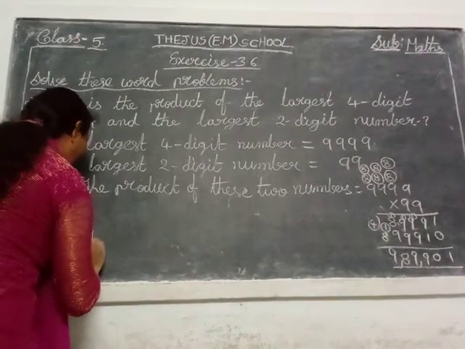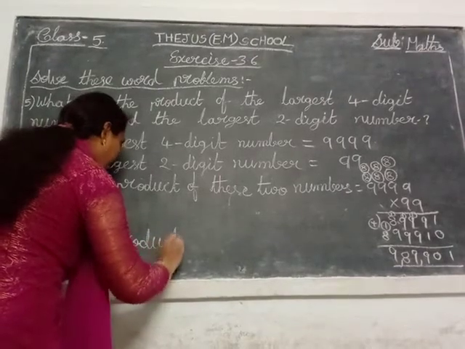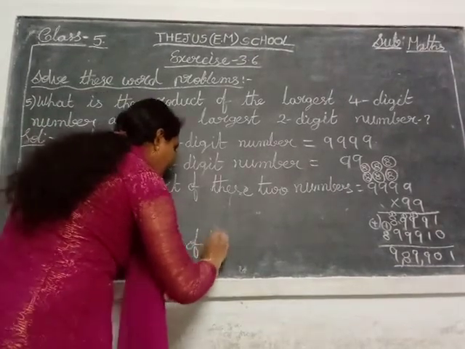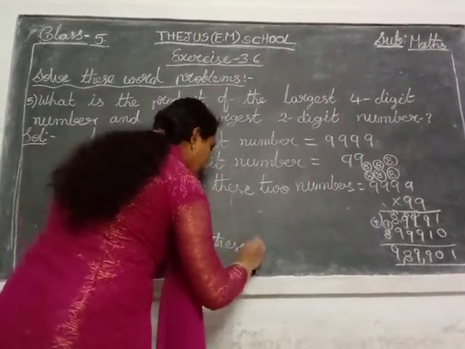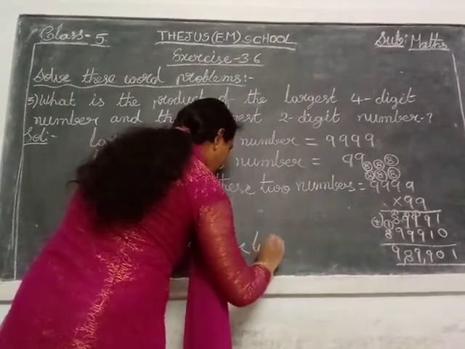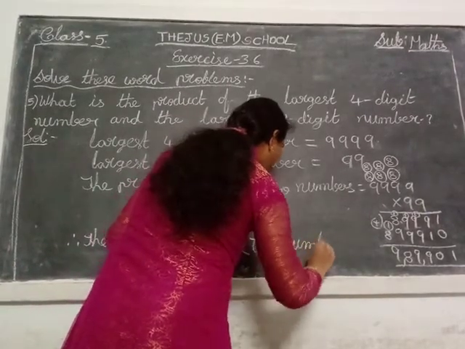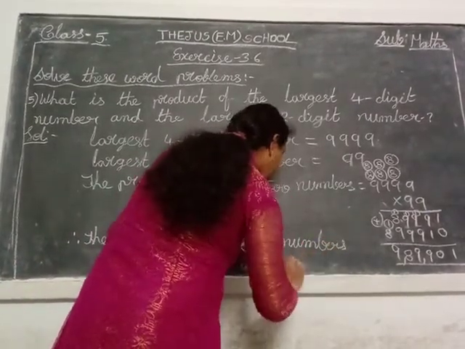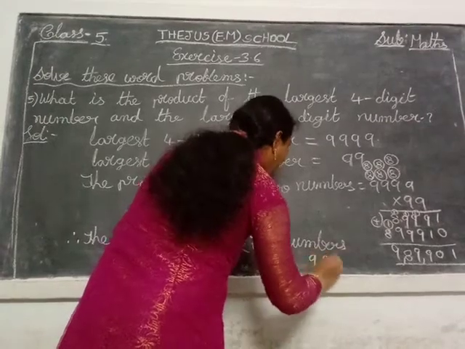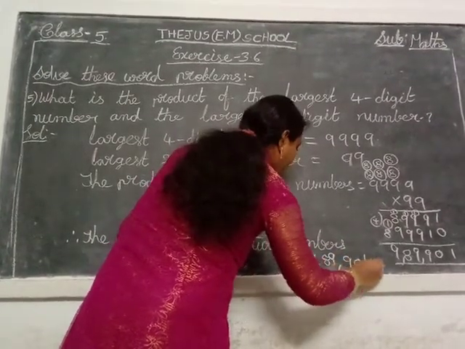So the product of these two numbers is 9,89,901.